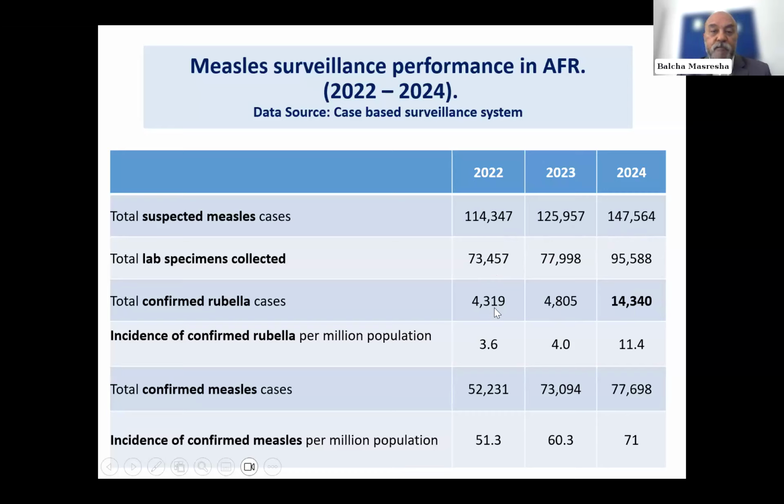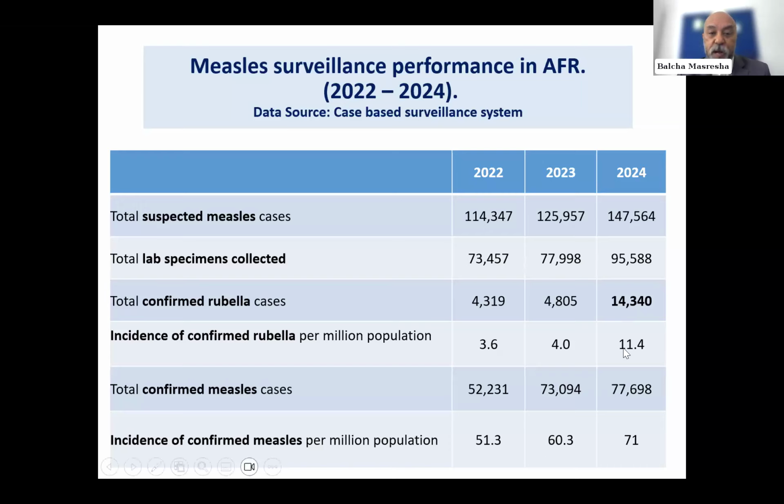We had 4,300 confirmed rubella cases in 2022, 4,800 in 2023, and a huge jump to 14,000 cases in our database last year. About 11 or 12,000 of these are actually from one country, from South Africa.